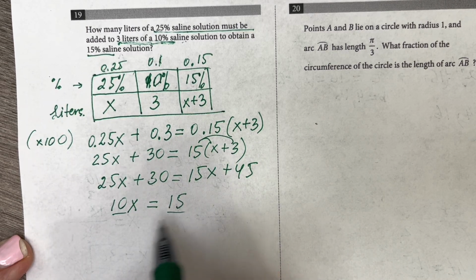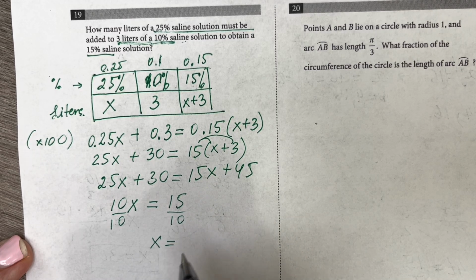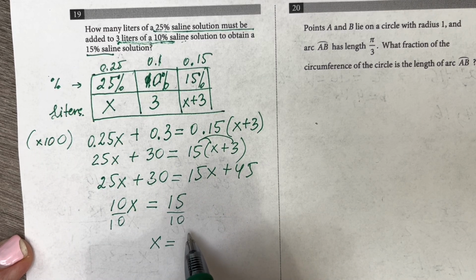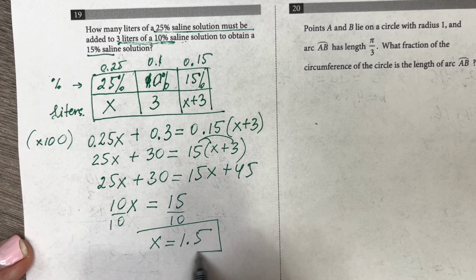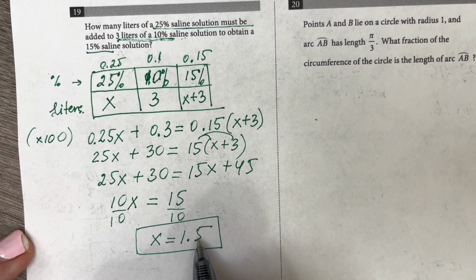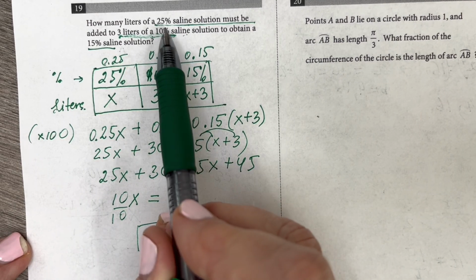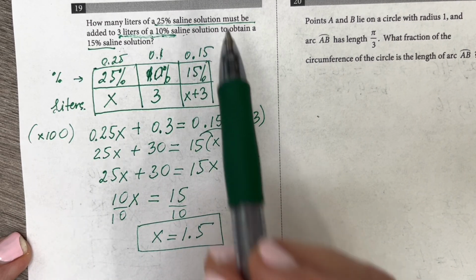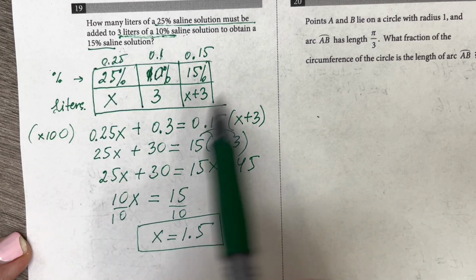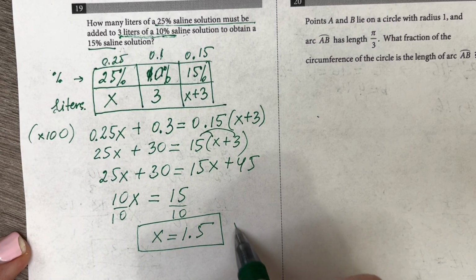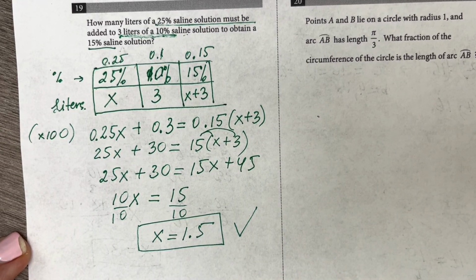And to solve for x, of course, dividing by 10, x equals 1.5 as a decimal. So that's how many liters of 25% saline solution we have to add. That is the answer to our question.